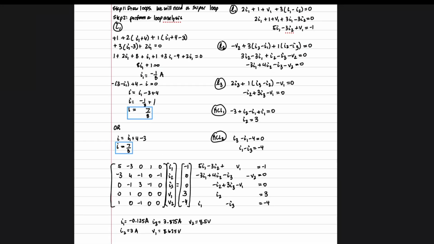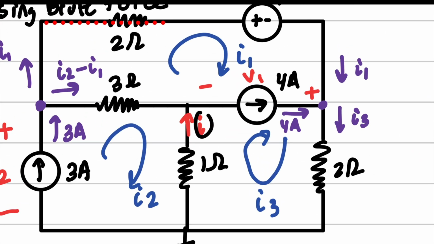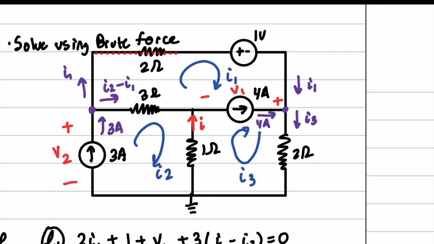And we are not yet finished because we are being asked to find this guy right here. So once again, we are going to say that we have 4 amps going outwards, plus I3 minus I1. We've got I going inward, so we're going to leave that guy alone.